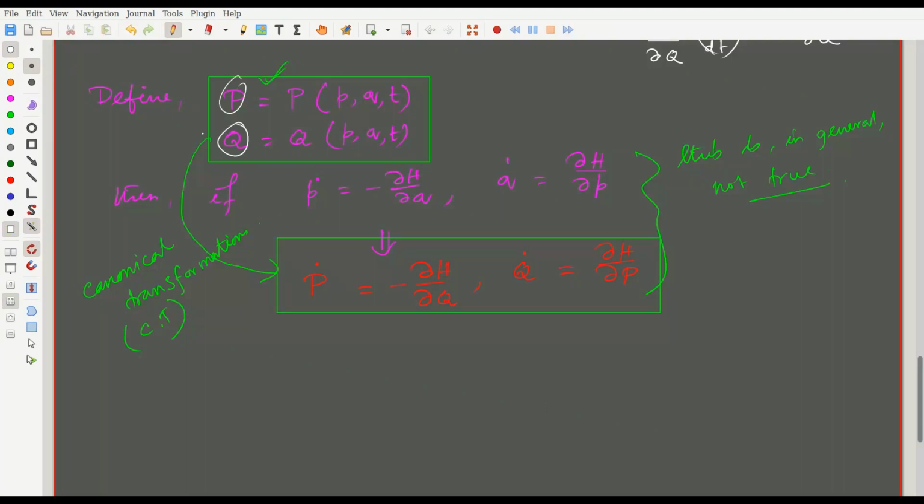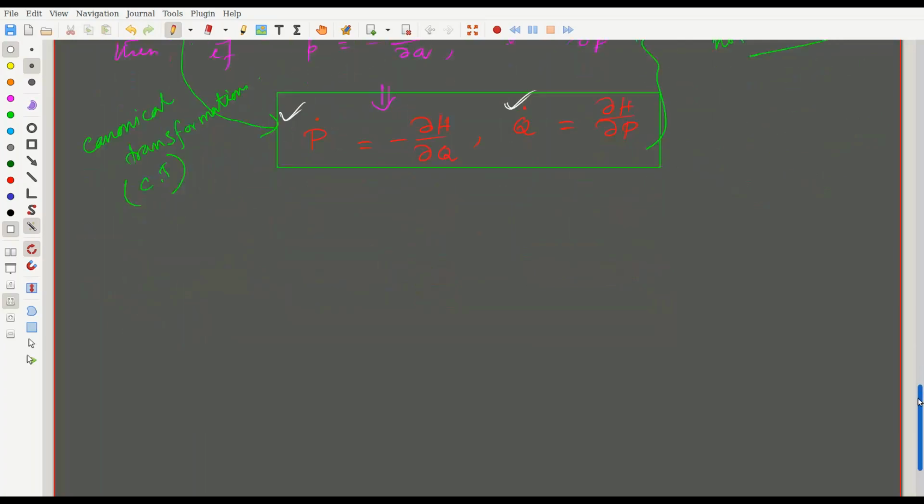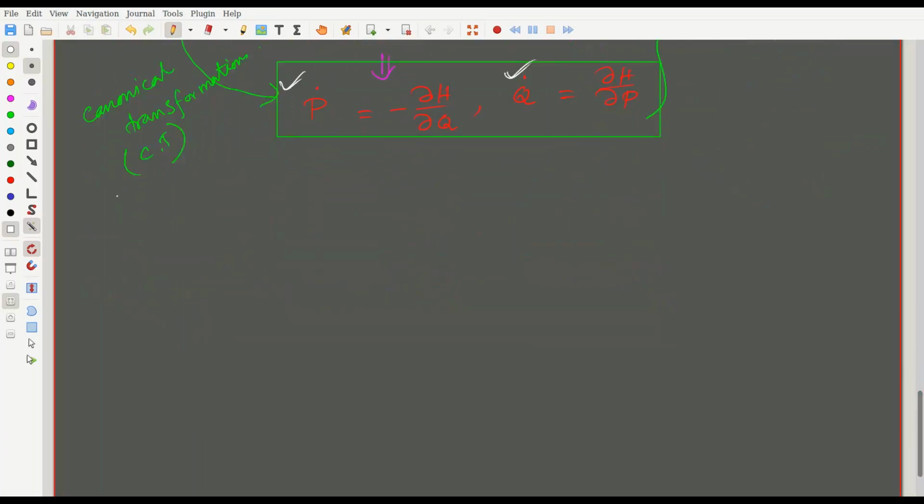When we talk about coordinates and momentum, usually in quantum mechanics and quantum field theory, we implicitly mean that those are canonically conjugate. That means they are connected by Hamilton's equation. So let us try to find the conditions for canonical transformation.